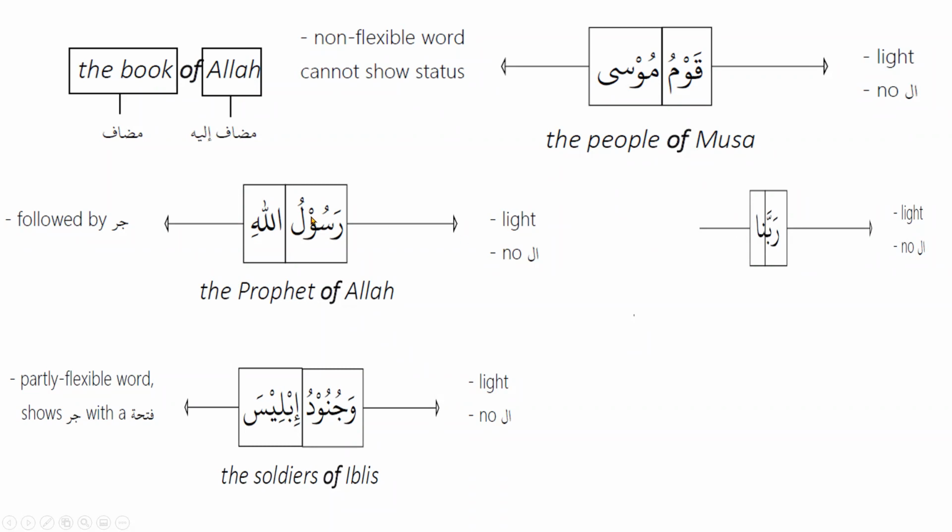And we said in the pronoun chart last week that the attached version of nahnu, which could be nasab or jar, is na. So na, the attached version, is never rafa. It's either nasab or jar. So if it can be jar, then it is jar. So Rabbana means Rab of ours, or in better English, our Rab.